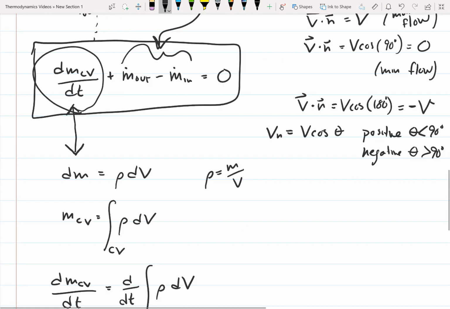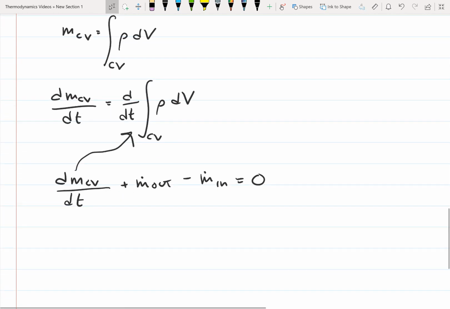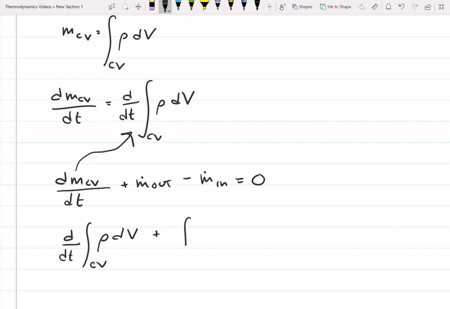So let's write those into our equation. We have d dt of the integral over the control volume of rho dV, plus the integral over the control surface of rho v dot n dA, is equal to 0.